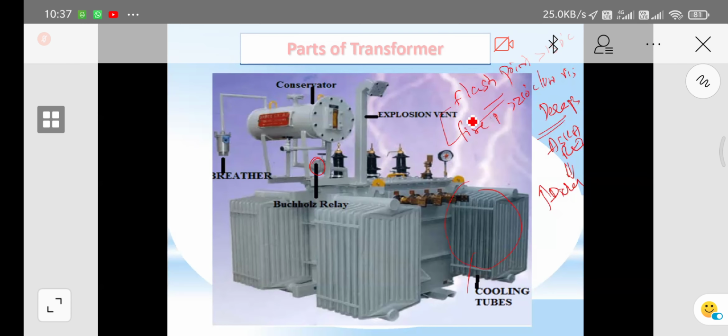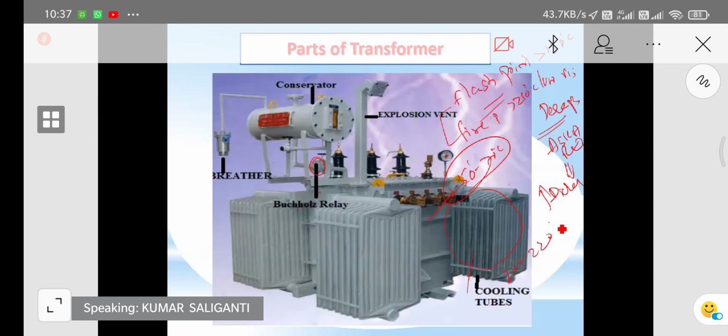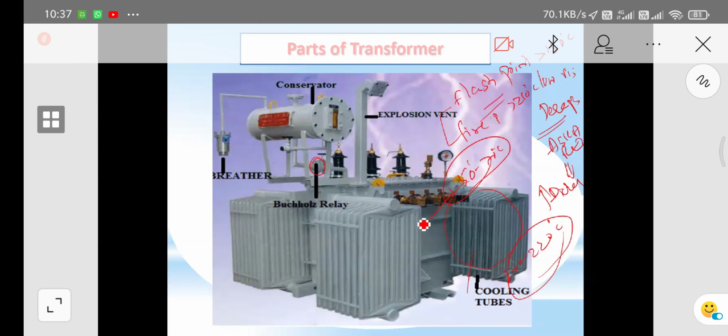These questions will be asked. Generally the transformer oil temperature is 50 to 70 degrees Celsius, and the insulating temperature is 200 to 220 degrees Celsius. So this is the insulating temperature, and this is the 50 to 70 transformer oil temperature.